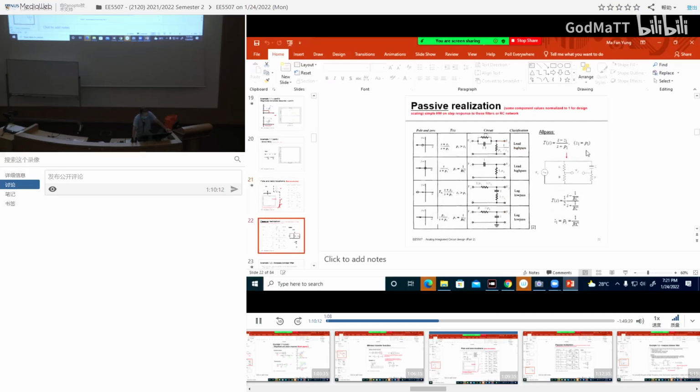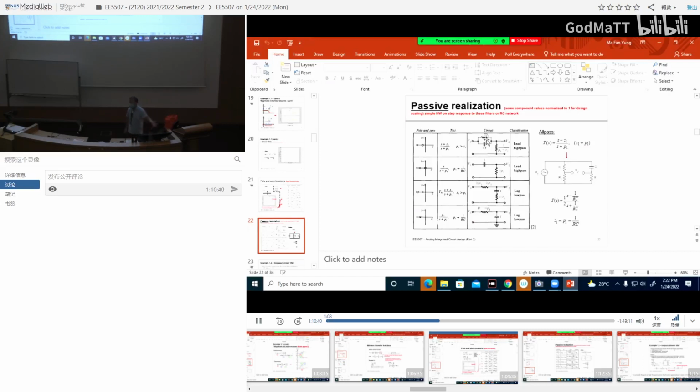So how do we map the bilinear transfer function into a real circuit? We can do this if we just use simple passive elements, that means capacitors and resistors.